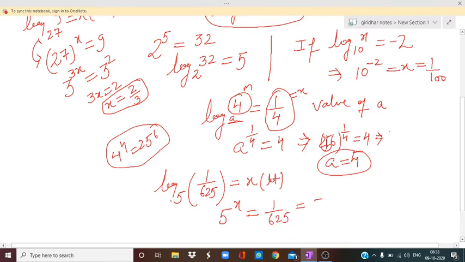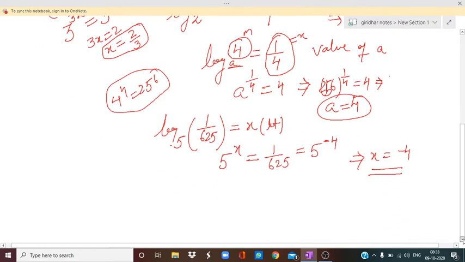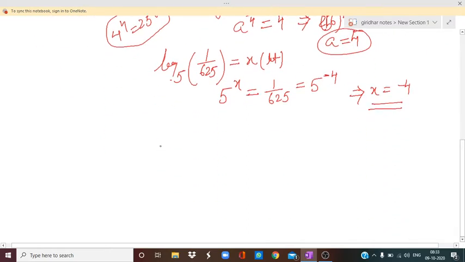This you can write as 5 to the power minus 4, and therefore x equals minus 4. So this way we can get the value of x. In fact, log 1 by 625 with base 5, the value came to minus 4. So these are the advantages of knowing the definition.